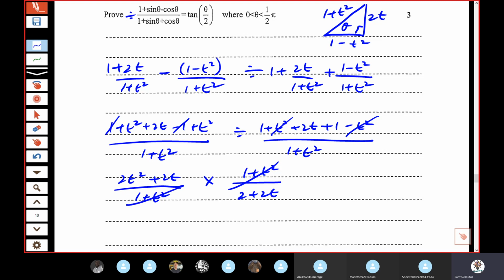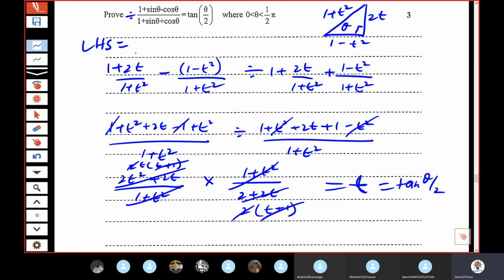And I think at this step, I usually just cross out and then factorize this as 2t, t plus 1. And then this factorizes to 2, t plus 1. You can pretty much cancel that, because you know the answer, and you just write equals t. Equals tan theta on 2, and you can start here. We should start with LHS. So that's fine. All right, questions?